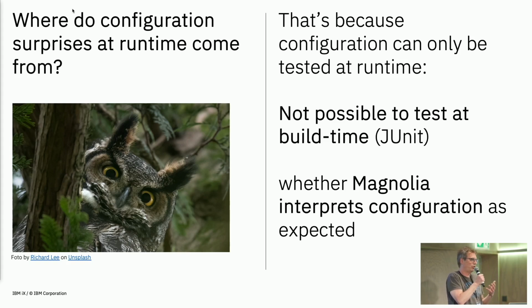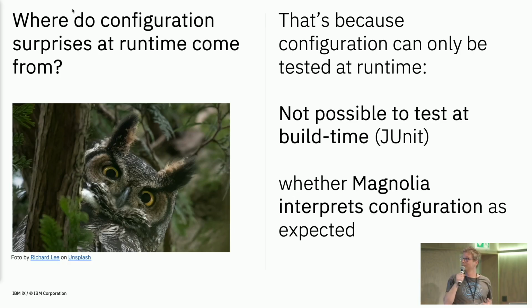So, how do you JUnit test that the configuration that you are writing is interpreted by Magnolia in the way you meant it to be? You only know this when you start Magnolia. And there's currently no way to find out whether your configuration code does work.